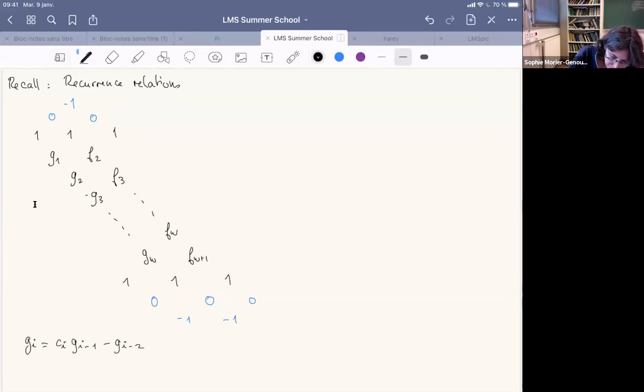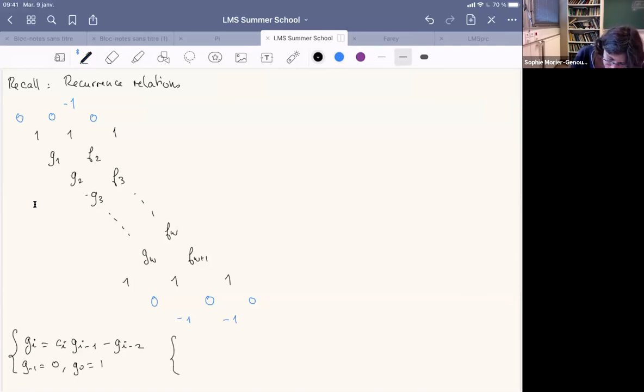And I can assume that the initial conditions for the J's are the following: J0 is 1 and J negative 1 is 0. So I can compute the diagonal with this relation starting from J_{-1} equals 0 and J0 equals 1. And then the relation will give me all the entries on the diagonal.